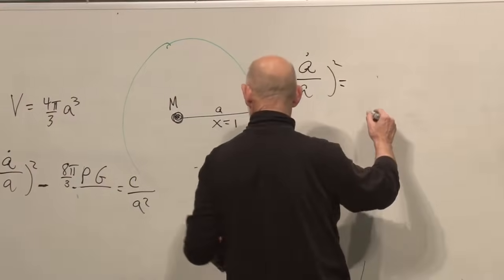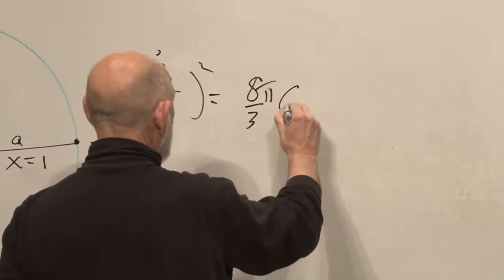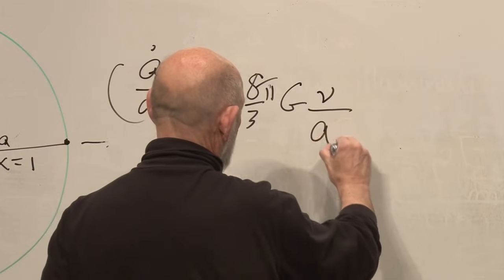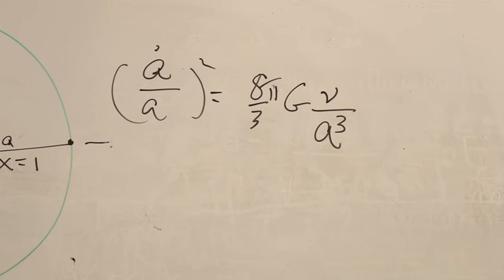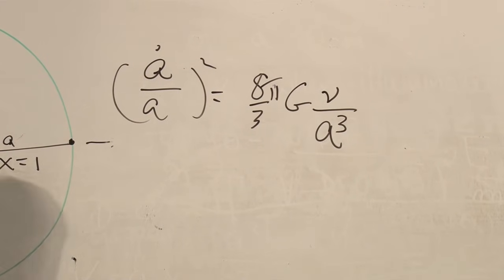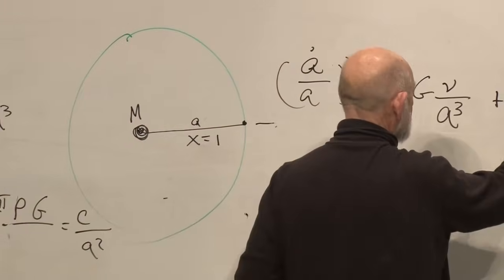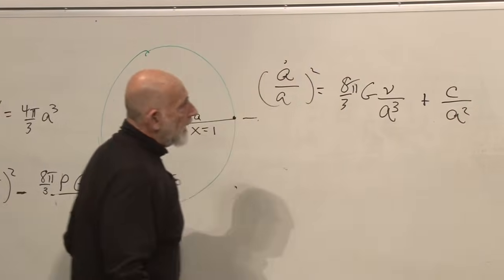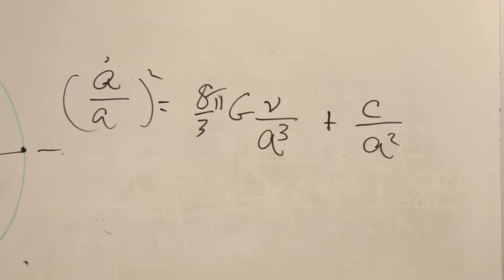Equals 8/3 pi g times rho, but rho is nu divided by A cubed. Remember nu? Nu was the mass per unit cell size. Nu over A cubed, that's rho. And there's g, plus C over A squared. C over A squared is the new thing that was not here in our initial study of this equation.